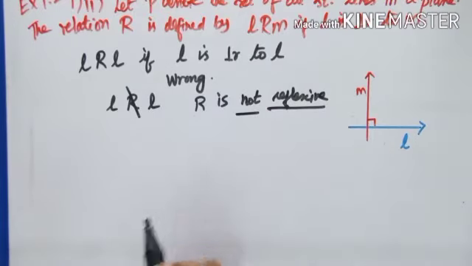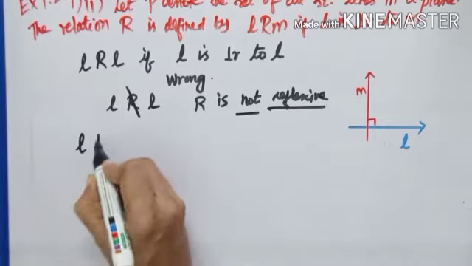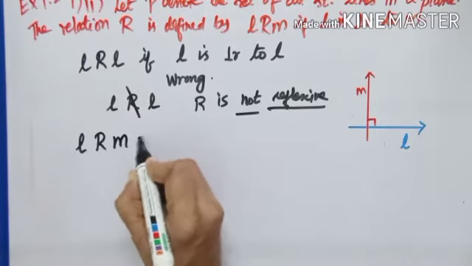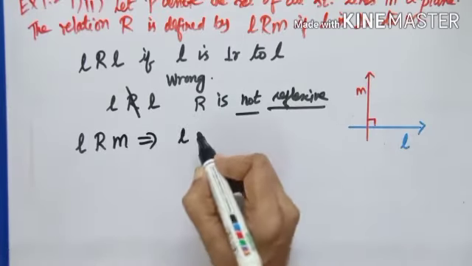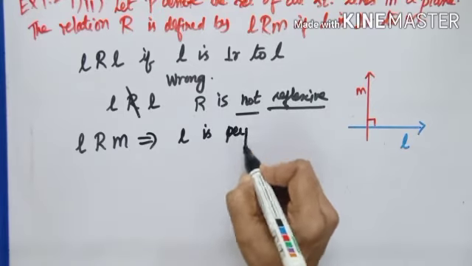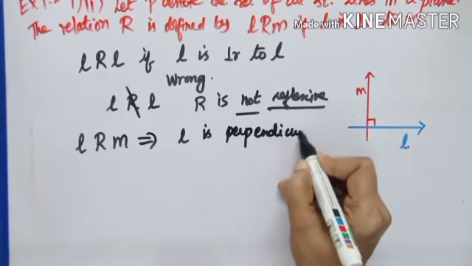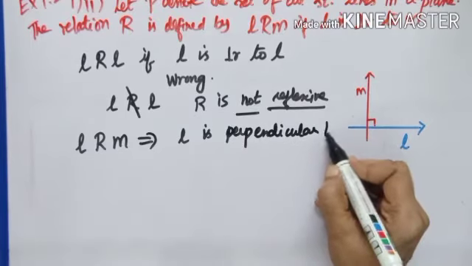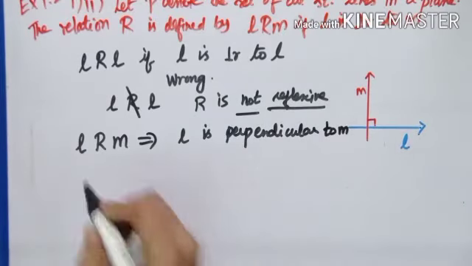The second idea, symmetric. L is perpendicular to M. Does it mean M is perpendicular to L? Yes.